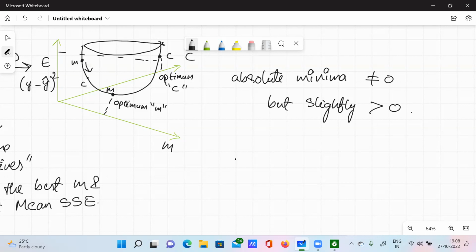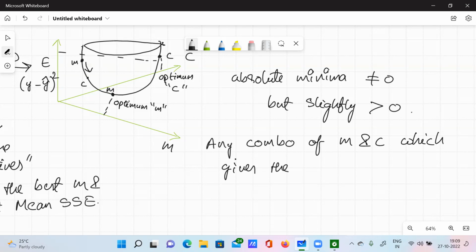Okay, so what happens is any combo of M and C which gives us the error is greater than the least error, right?